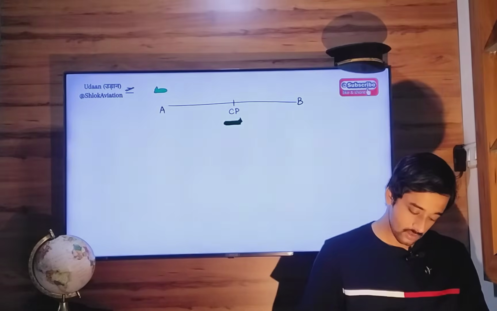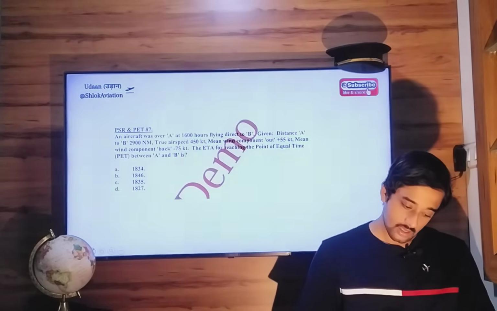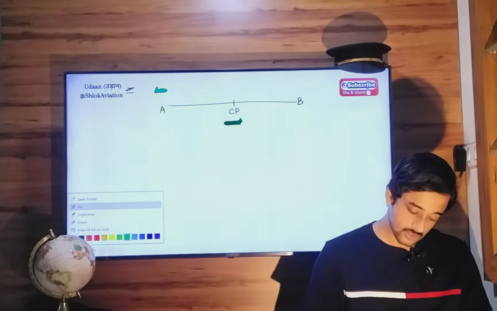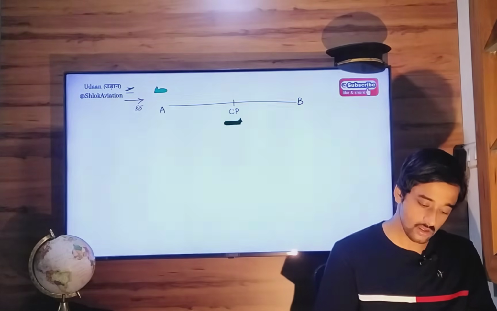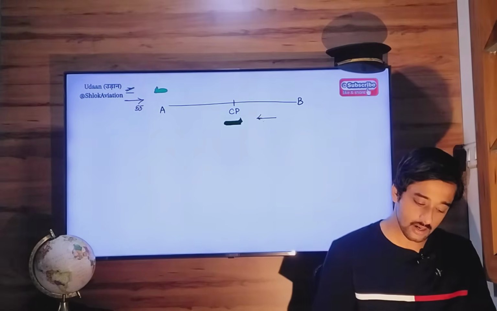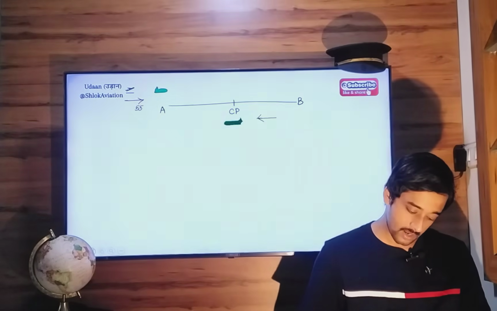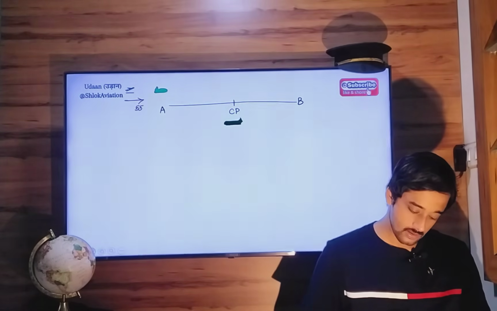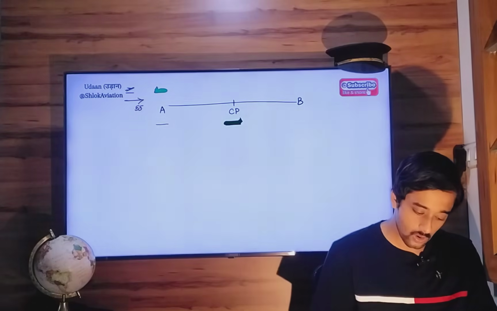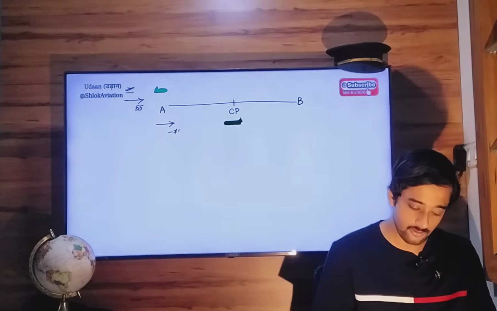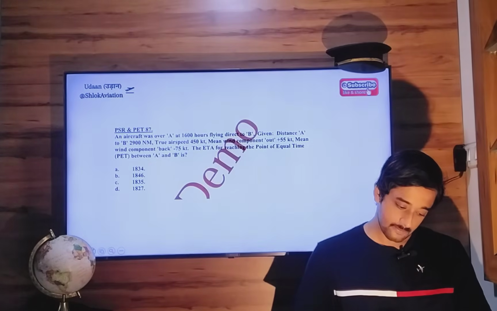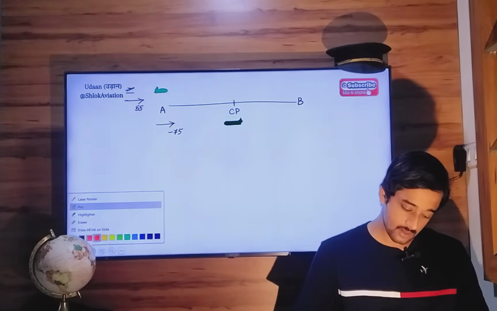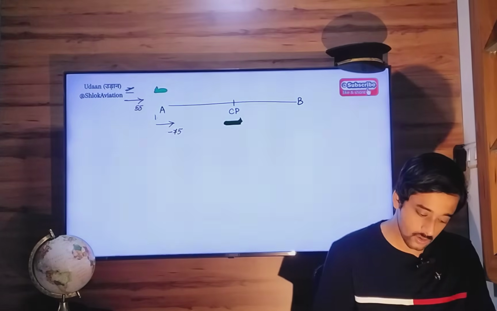Okay. Now A to B a tailwind of plus 55. B to A a headwind of minus 75. Okay. And at A the timing is 1600.